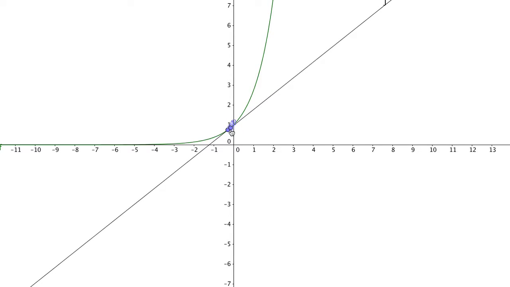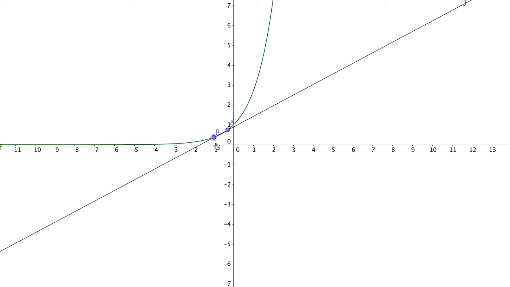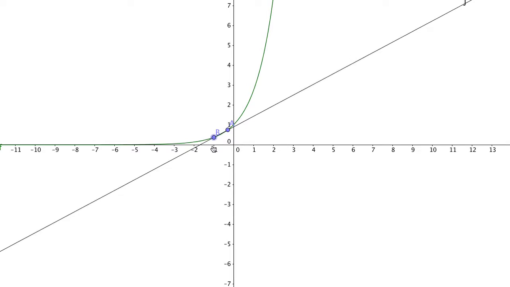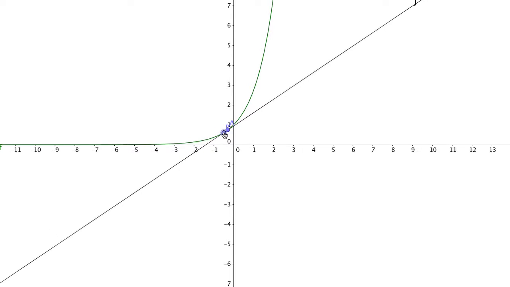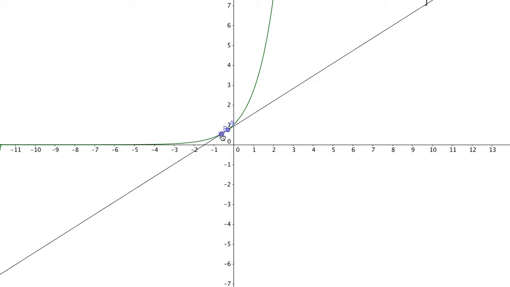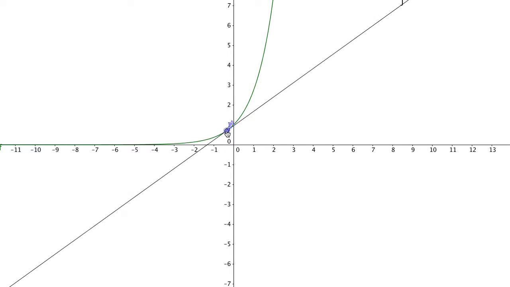Once I get them one on top of the other, I can't actually do slope formula, because that would give me a rise of 0 and a run of 0, and 0 divided by 0 is undefined. So the trick is this limit. I want to see what the limit of this line is as I move these points to being one on top of the other, but I can't actually get there because that would be a 0 divided by 0 slope.